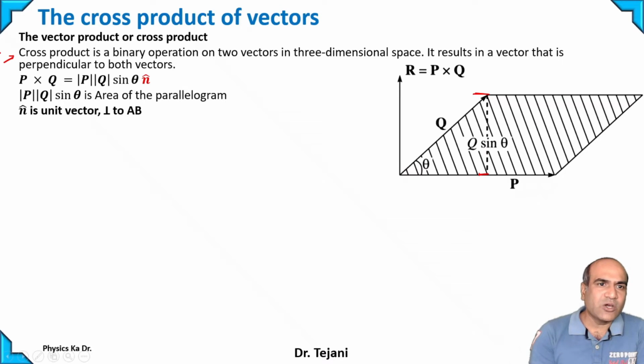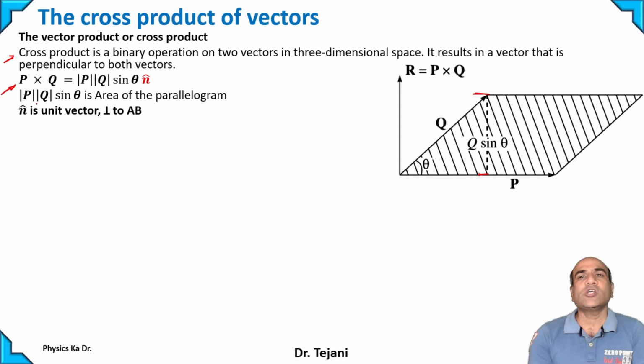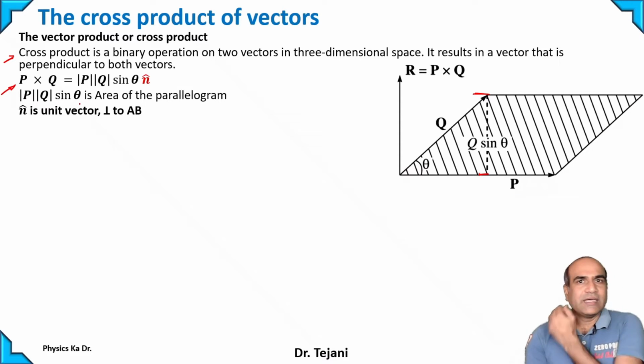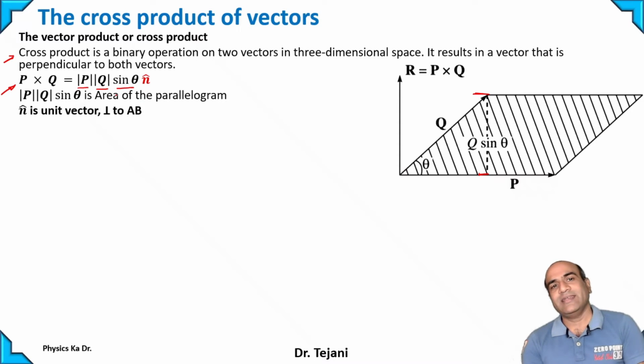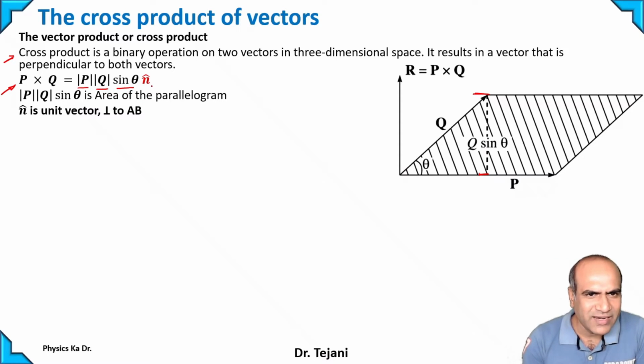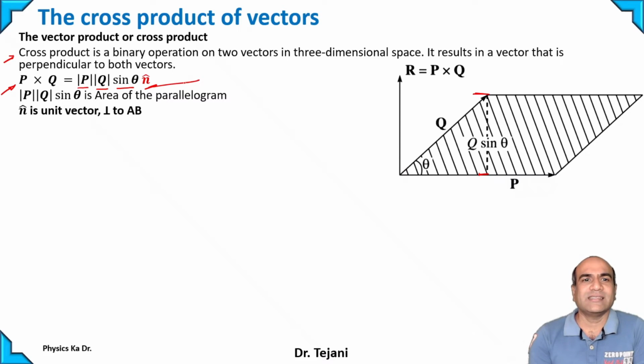So here P cross Q, that is a cross product of two vectors. It gives area, and it is equal to mod P multiplied by mod Q, and the difference is here sine theta. And something you can see in the red color, there is an n bar. What is this? It's a unit vector.